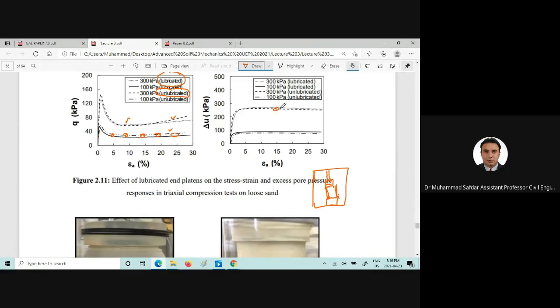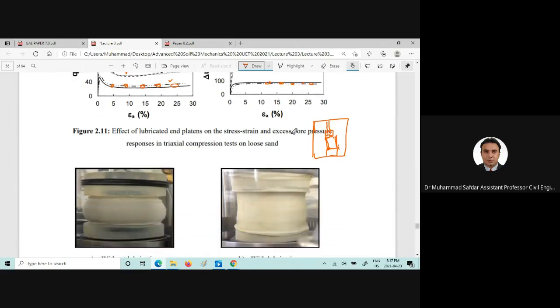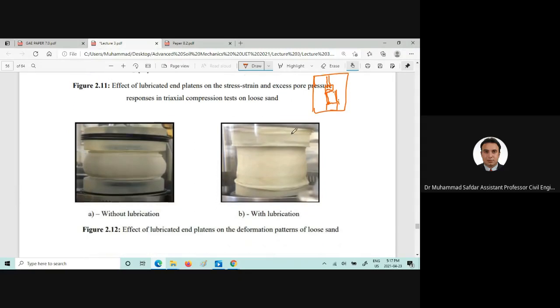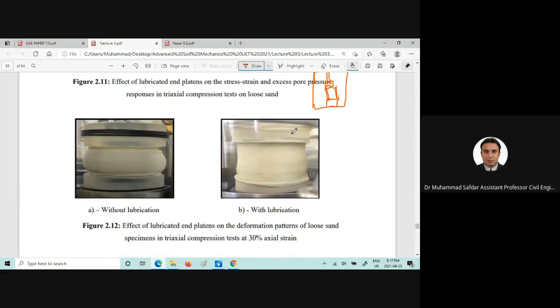You can clearly see there is not much difference from the practical point of view, but from the research point of view, people are searching for different ways to remove the errors present in the triaxial apparatus. How would the sample fail without lubrication?